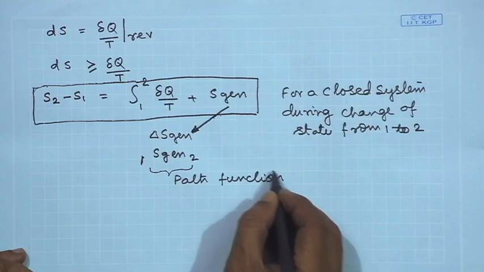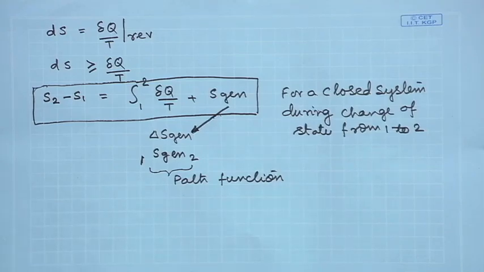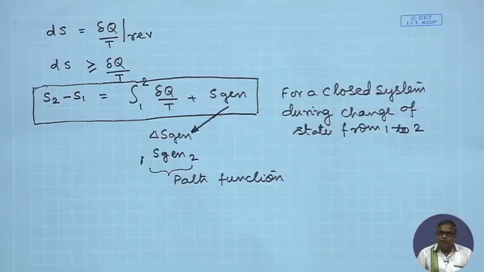From 1 to 2, if the process has taken a path fully reversible, then S gen will be 0. If it has taken some sort of a path where irreversibility is there, we will get a specific value of S gen. If it has selected another path with different kind of irreversibility, then we will get another value of S gen.